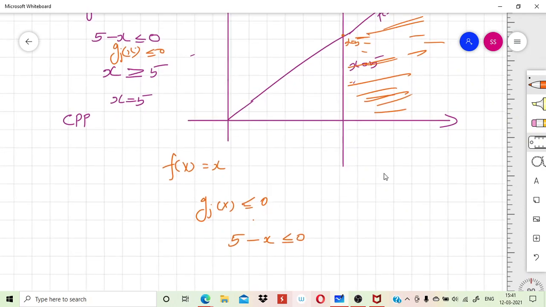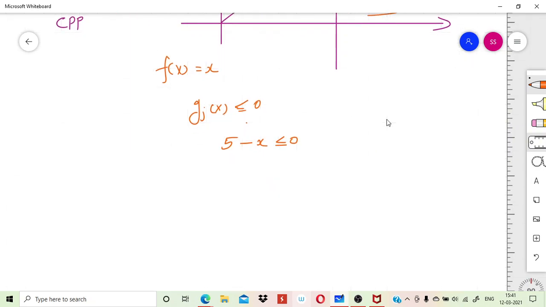In that case, we will augment or append the penalty function and formulate a sequence of unconstrained minimization techniques, notated as phi of x, a function of x, and we introduce a new variable, the penalty parameter rk, here r1 for k equal to 1.